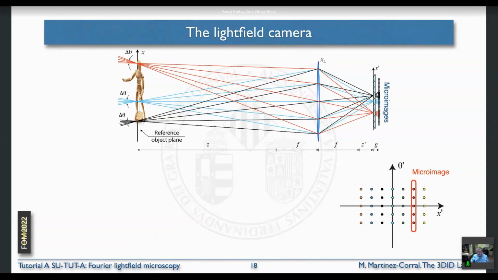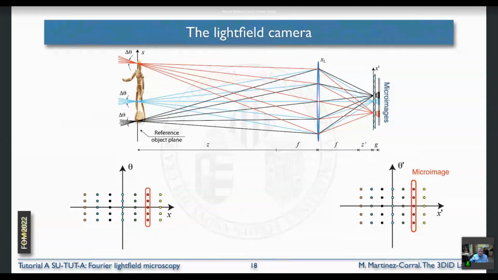And if you apply some simple matrix, ABCD matrix formalism, you can see very easily that the Plenoptic map, the Lightfield map here, is approximately the same as the Lightfield or Plenoptic map emitted by the object, but with different scale.